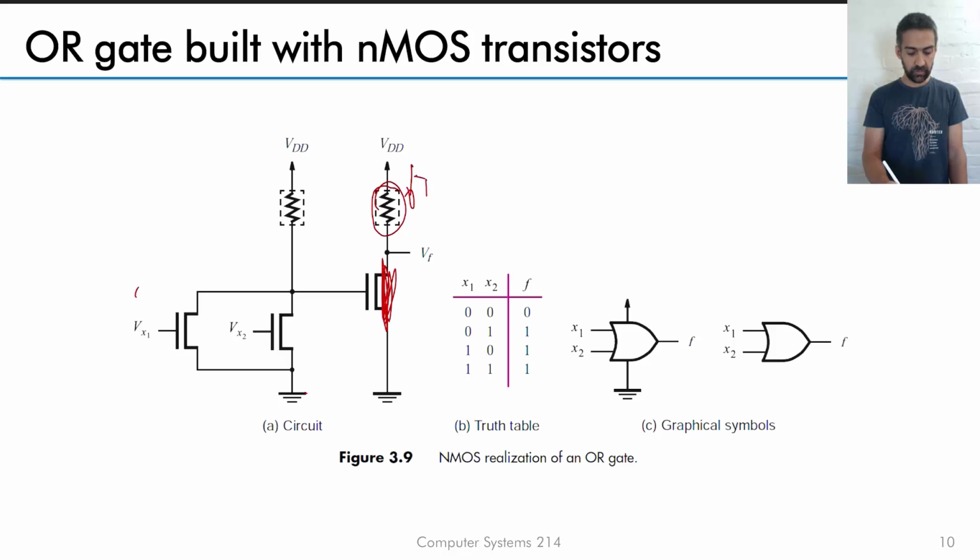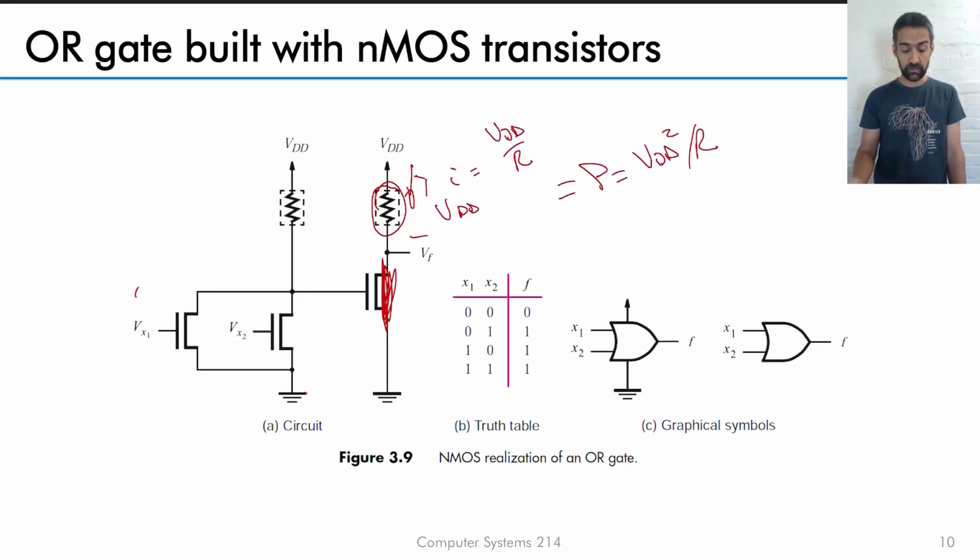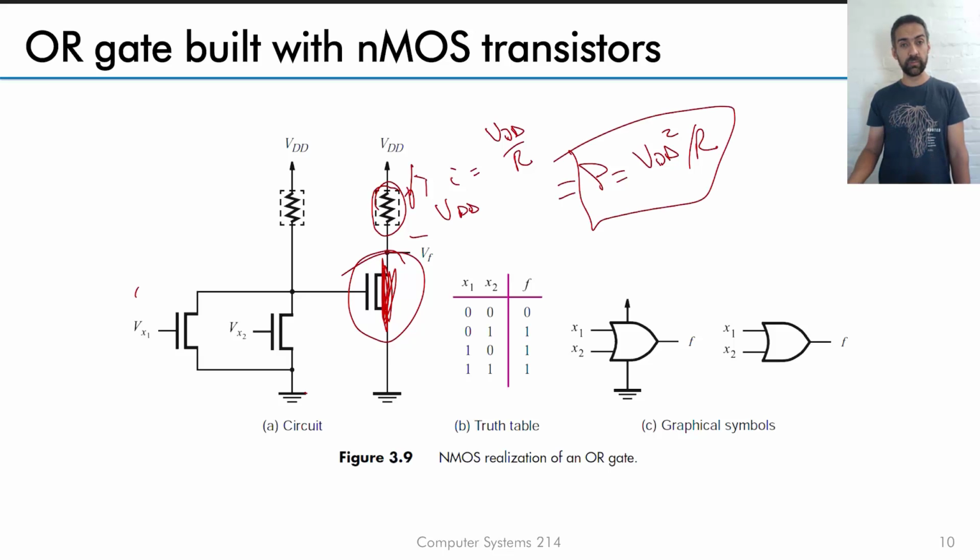So there's a voltage drop across here of VDD, and there's a current flowing of VDD over R. So if you were to think about the power, it is going to be VDD squared divided by R. That's an issue. That means whenever this logic gate is in a state where this transistor is closed, it's short-circuited, in that case, we're dissipating power just to keep active.